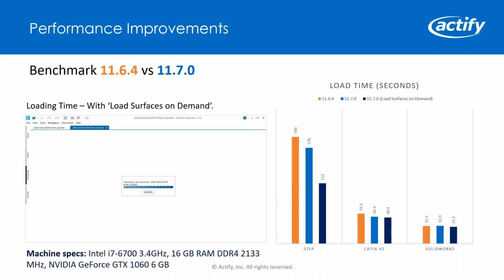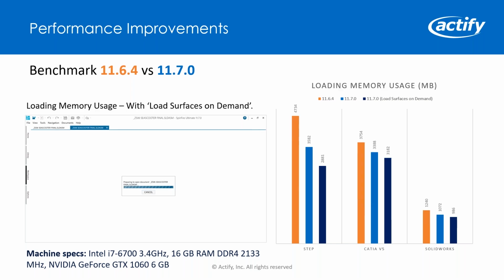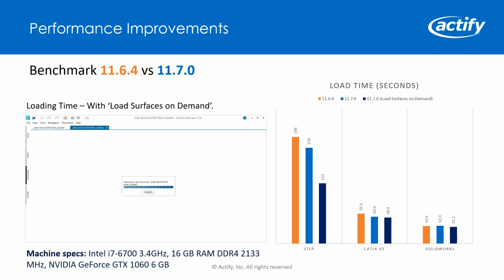That's a concept that Mark will probably highlight and share during the demonstration, but that aspect is improving not just the loading time, but also, as you can see on this page, memory usage. And as you see, the STEP file was larger, and we are seeing even greater improvements on larger files. So that will be good news for our clients with large files.